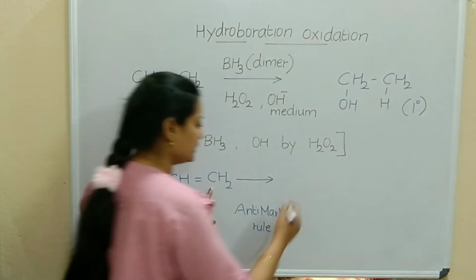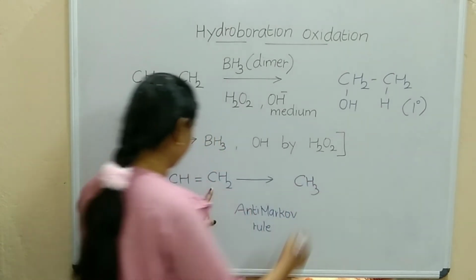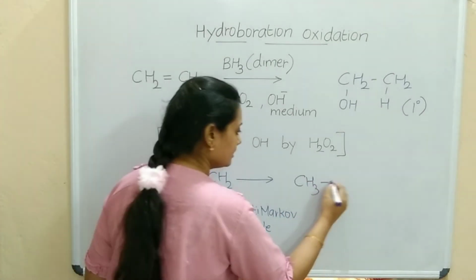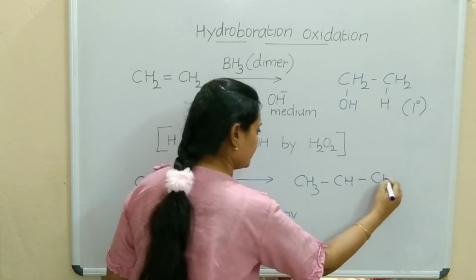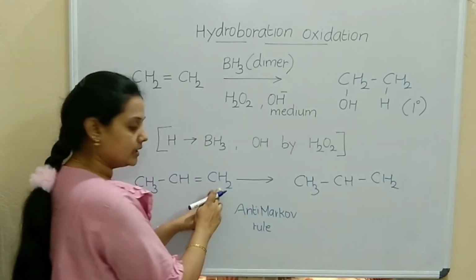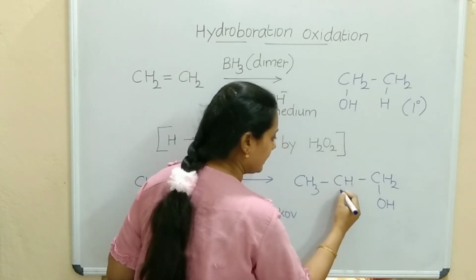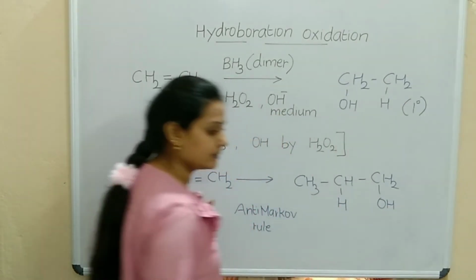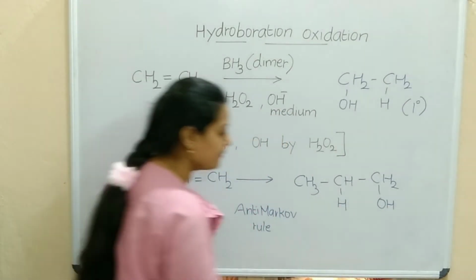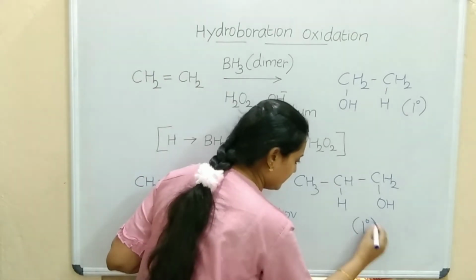So what will be the product here? CH3, correct? CH and CH2. So this carbon has more hydrogens, so OH will attach here and H will attach here. Correct? So what type of alcohol are you getting? Primary.